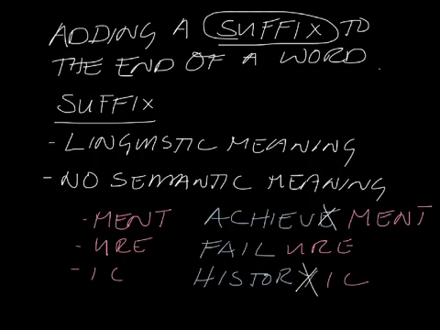The word achieve is a verb. Achievement is a noun. The verb fail becomes the noun failure. The noun history becomes the adjective historic. So that's what it does. It changes the word class, and it helps us create new ways of expressing the same content.